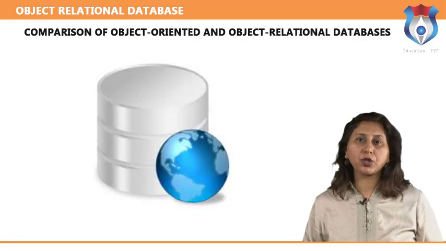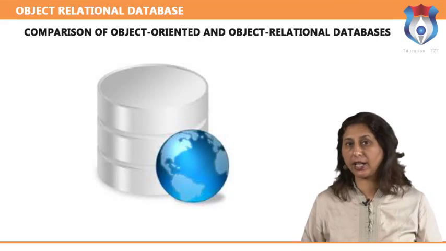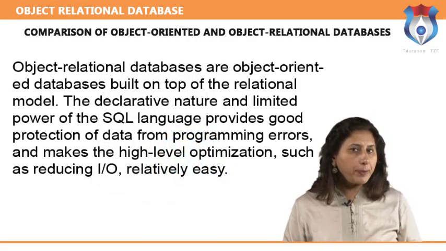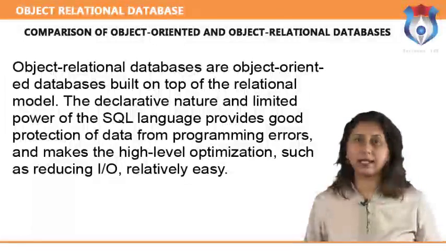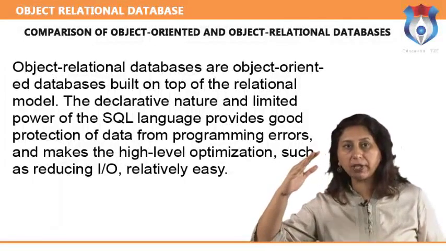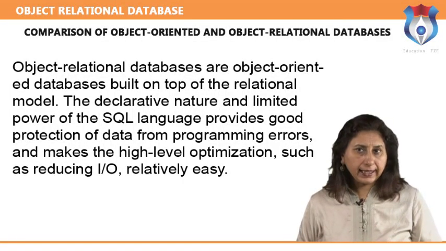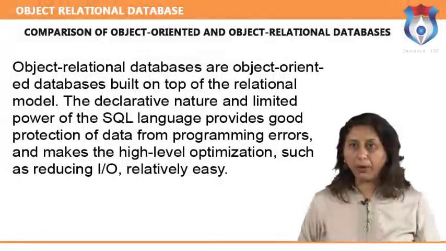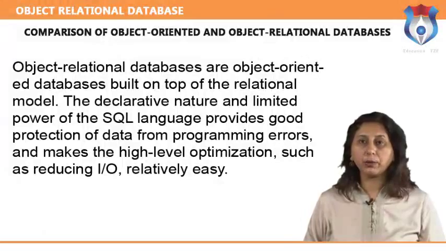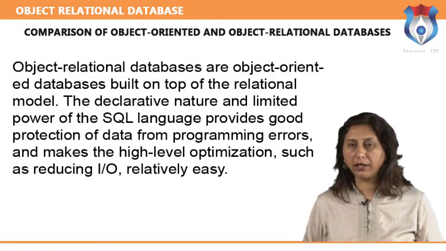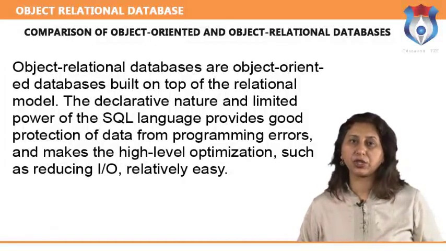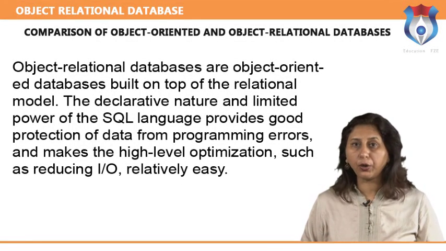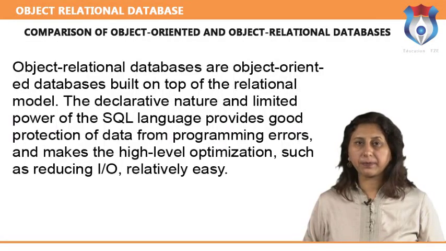Comparison of object-oriented and object-relational databases. Object-relational databases are object-oriented databases built on top of the relational model. The declarative nature and limited power of the SQL language provides good protection of data from programming errors and makes high-level optimization, such as reducing I/O, relatively easy.